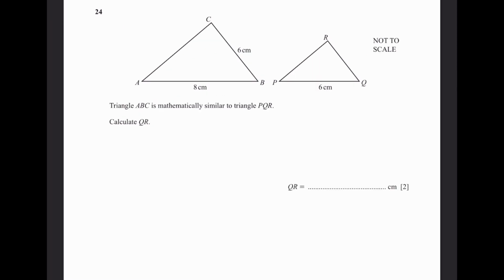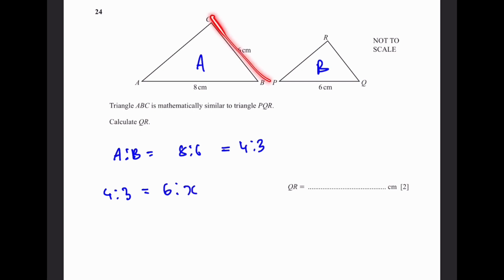Question 24. Triangle ABC is mathematically similar to triangle PQR. Calculate QR. So let's calculate the ratio. So triangle A is to triangle B equals 8 centimeters is to 6 centimeters, because these two are 8 and 6, which is equal to 4 is to 3. And 4 is to 3 equals 6 is to x, because 6 centimeters is to this.